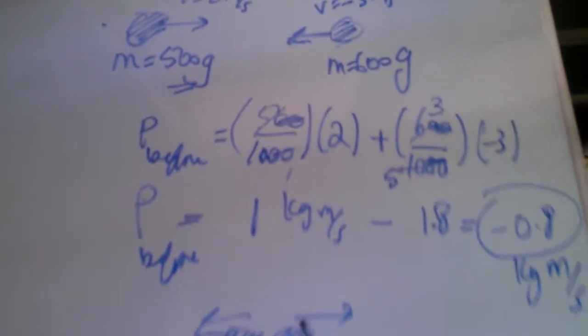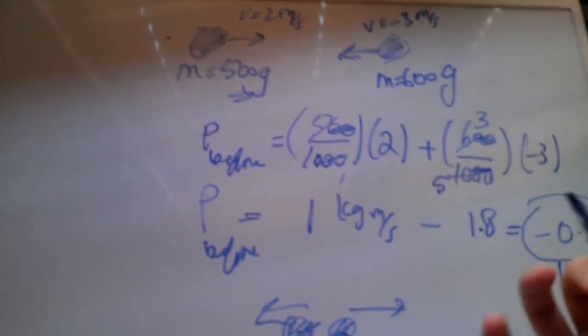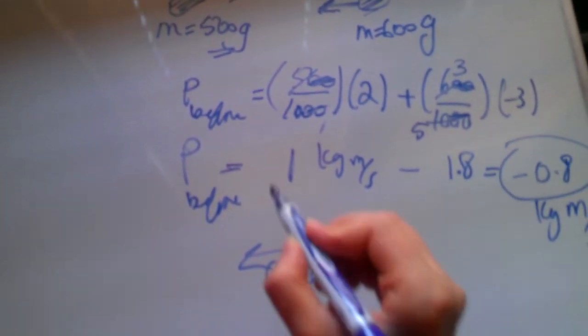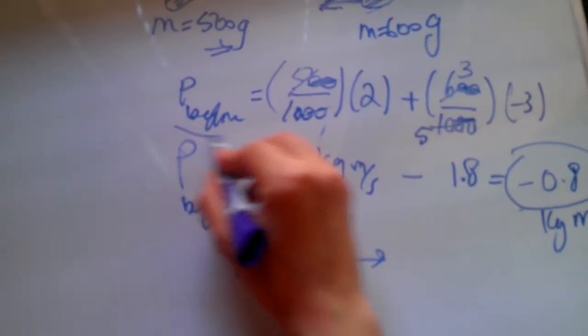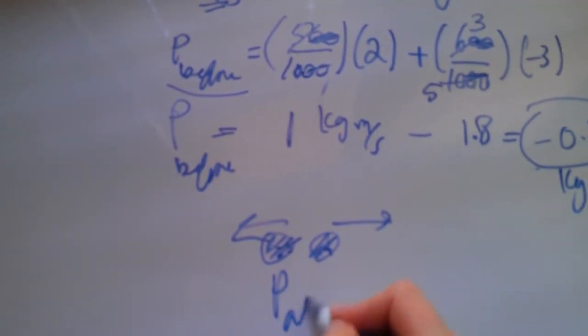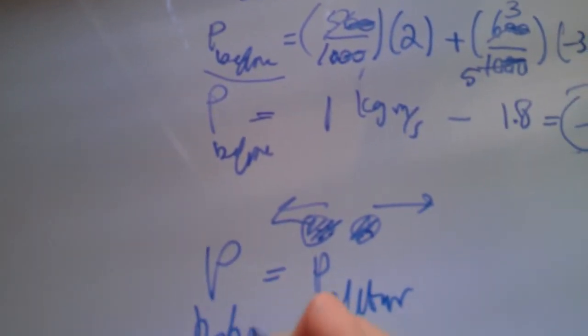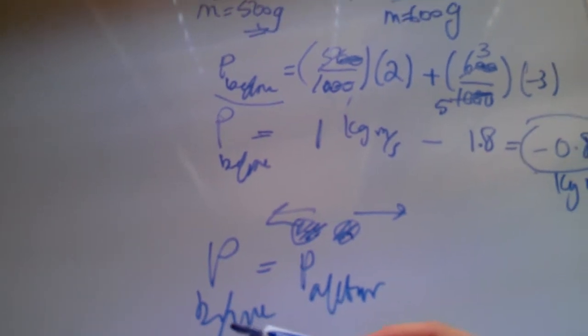So this is how we do conservation of momentum problems. We need to respect the fact that conservation of momentum means that the momentum we get for a system before and after the collision stays the same.